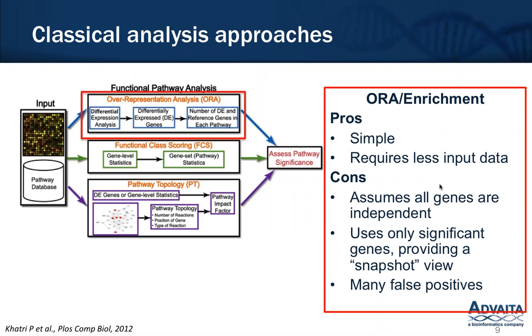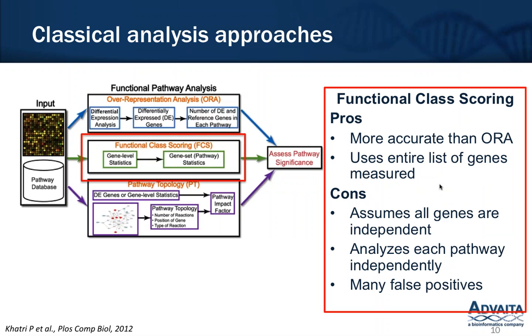The detriment, though, is that this type of analysis assumes that the genes are independent, and we know that the genes are not independent. In fact, they're part of systems. That's what these pathways are there to describe, those relationships between those genes. An improvement on that overrepresentation analysis was functional class scoring, which does a little bit better job, but it still assumes that the genes are independent.